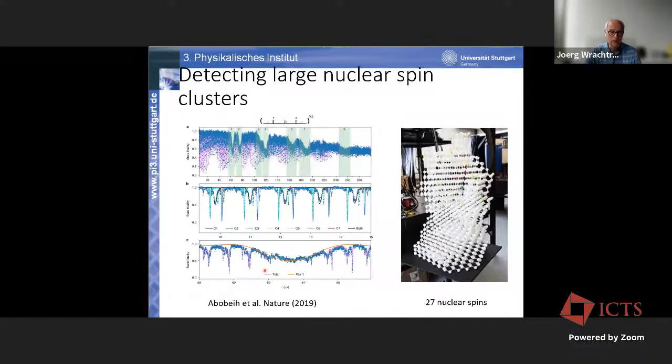All right, the point I would like to make here is that over the last 10 years, people have made this a piece of art, and the most recent version of it you find in this paper. This is from Tim Taminiau's group from Delft. This is such a measurement where you follow the coherent evolution of the electron spin over an extended period of time, in total 200 or almost 300 microseconds.